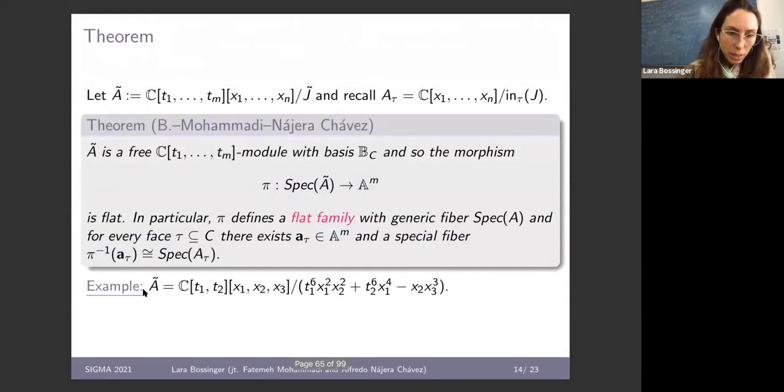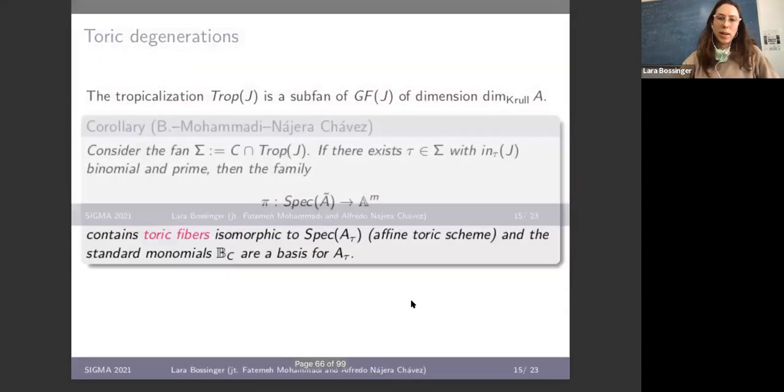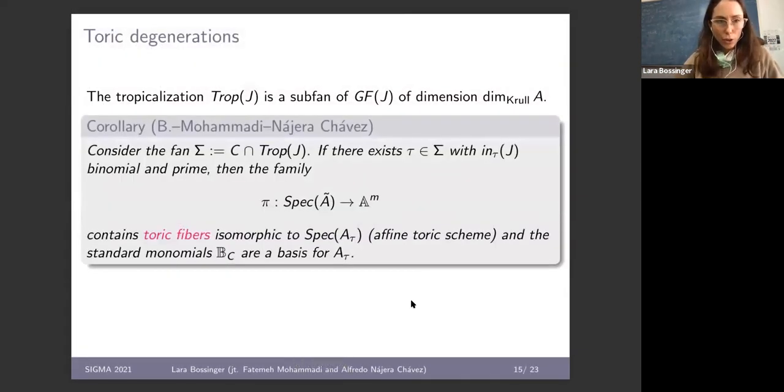In the example, A tilde is the quotient by the ideal generated by this lifted polynomial.